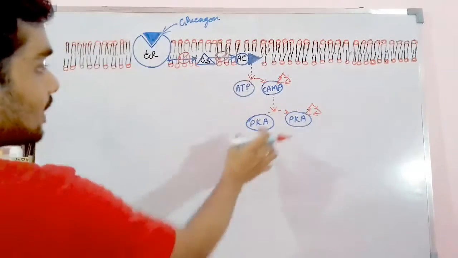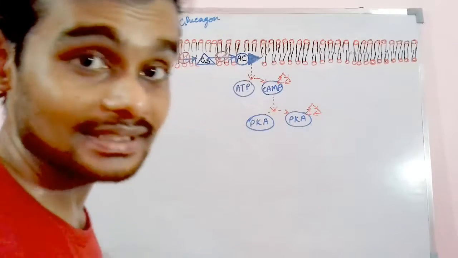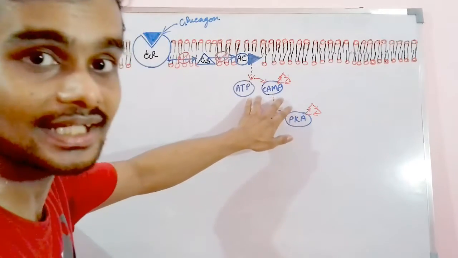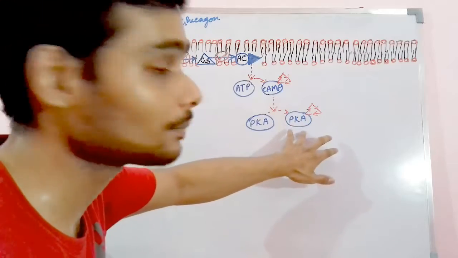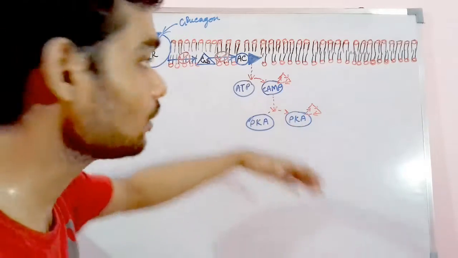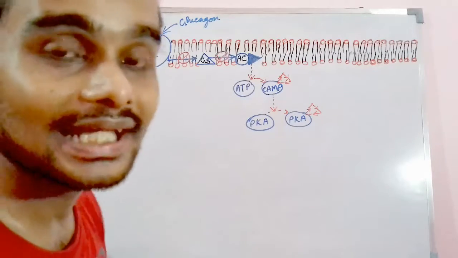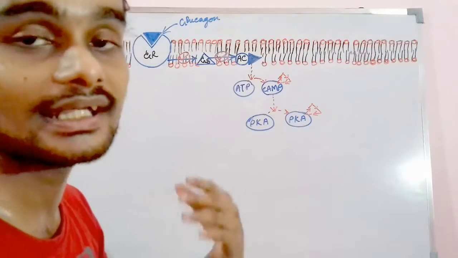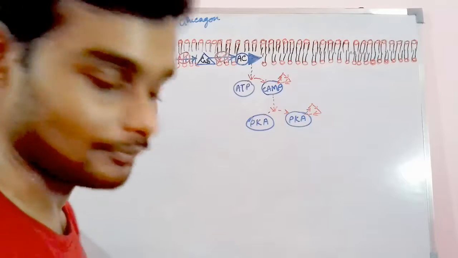This inactive form of the protein kinase A, by the secondary messenger cAMP, cyclic adenosine monophosphate, is getting activated to the protein kinase A. Now, the function of this protein kinase A molecule is helping in activation of the phosphorylase kinase enzyme.